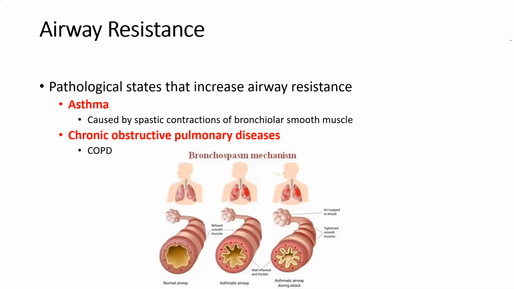So basically asthma and COPD are two pathologic states that create a lot of airway resistance and decreased flow. And what we'll move on to see is when we talk about these obstructive lung diseases. Asthma and COPD are both examples of obstructive lung diseases because the airway is not only hindering airflow in, it's also hindering airflow out. These patients usually end up having what's called air trapping.